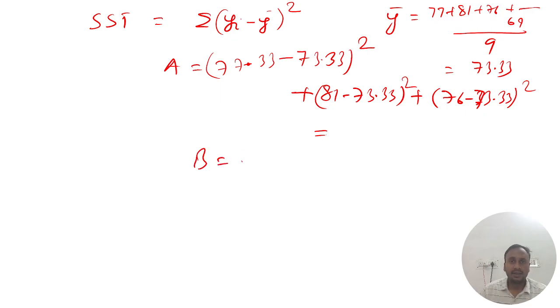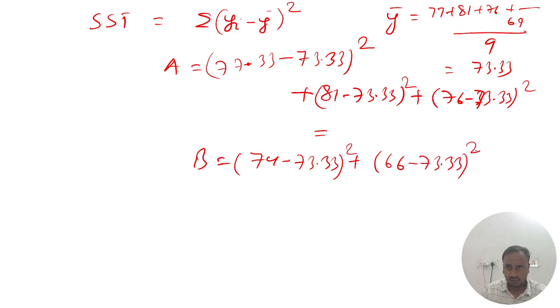For the B, again, what do we have? 74, 66, 58. 74 minus 73.33 whole square, plus 66 minus 73.33 whole square, plus 58 minus 73.33 whole square.